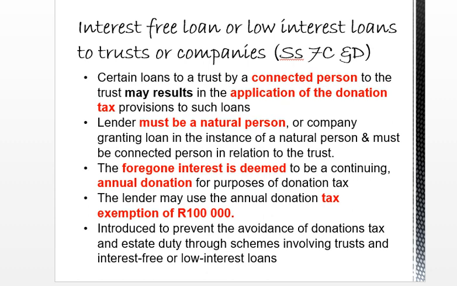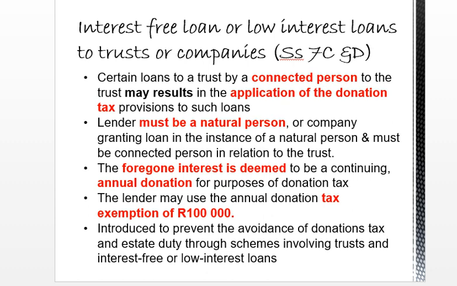Okay, so when we do an example now, you'll understand. But for an interest-free or low-interest loan, the foregone interest, so the interest less the applicable or current interest rate, would then be a donation.